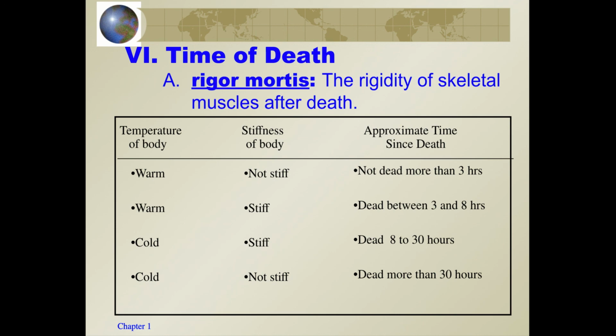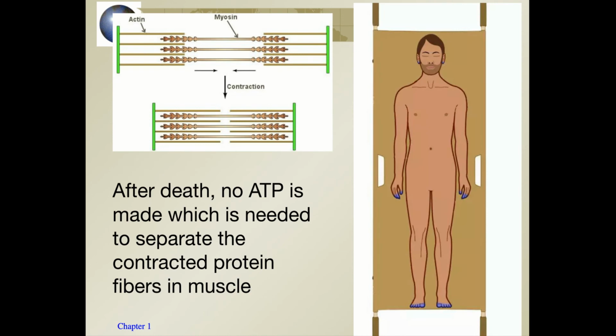When somebody dies, we can look at their body temperature. And you can see here that maybe you find a body that's stiff and warm or a body that's stiff and cold. And that would give you a different indication as to when they died. And that stiffness has to do with the lack of ATP.